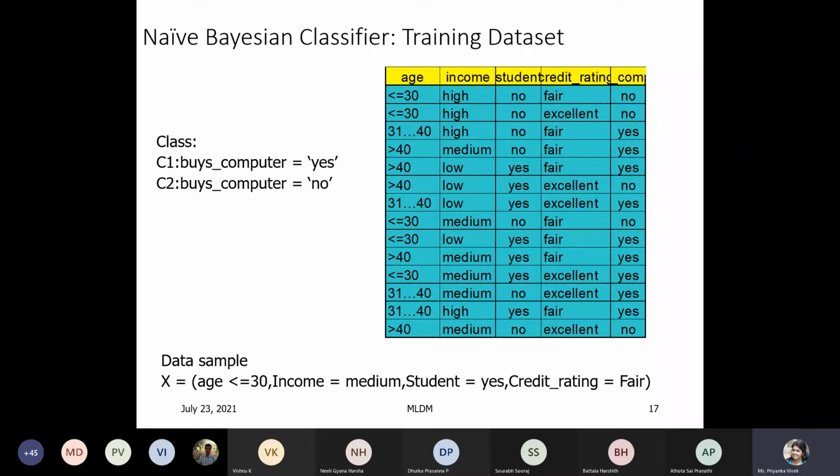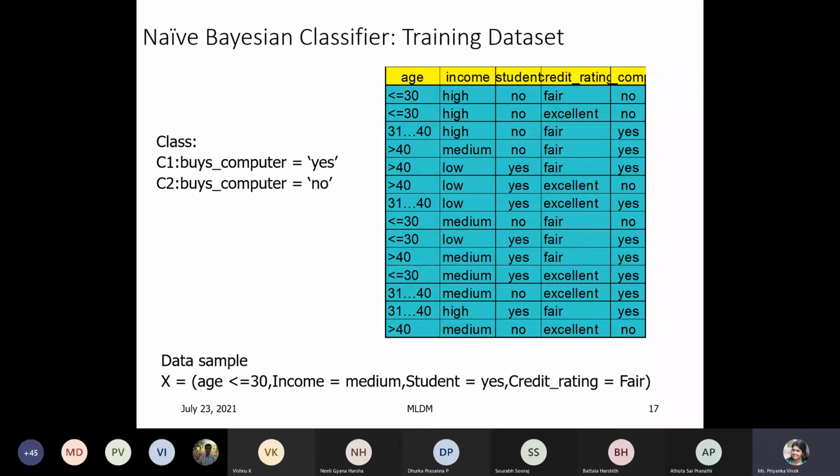It's a binary classification problem because we have yes or no as the classes. All the attributes are categoric in this example. I'm just explaining what your data looks like.